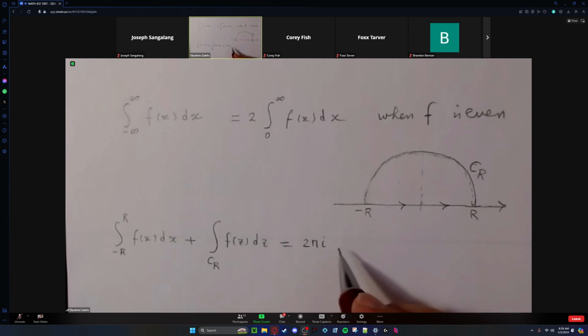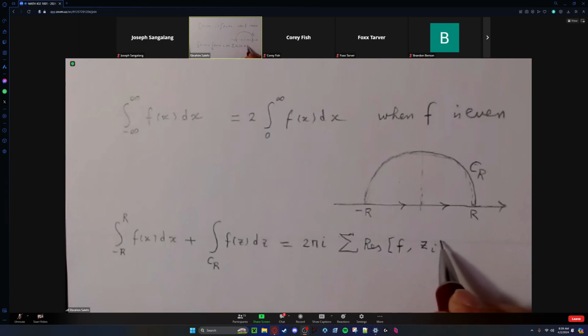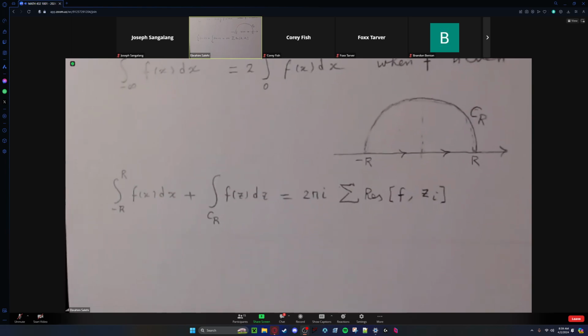So the sum of residues of f at, let's say, Zi. We don't know how many. So Zi's are the poles of the function on the upper half plane.